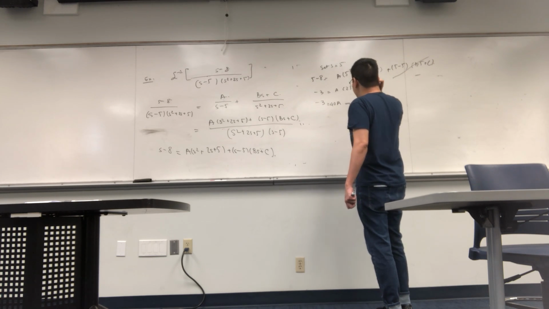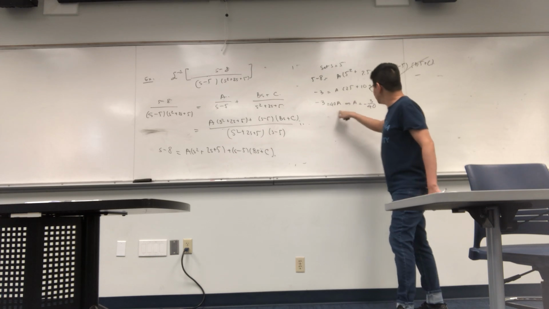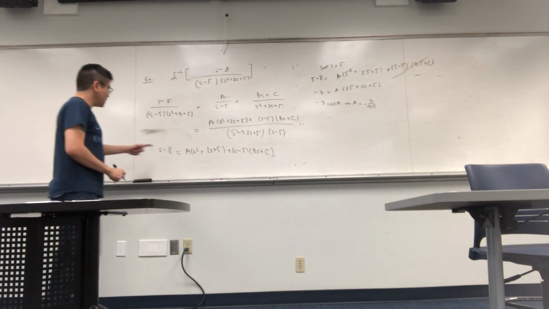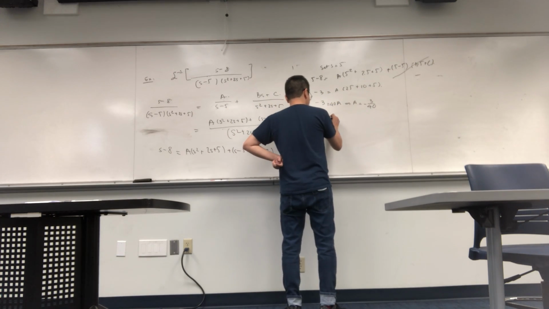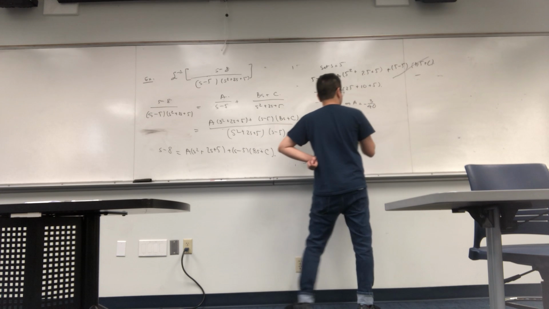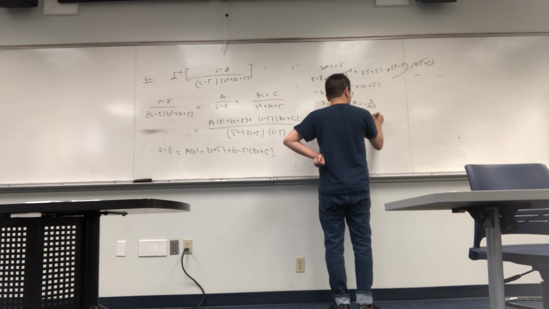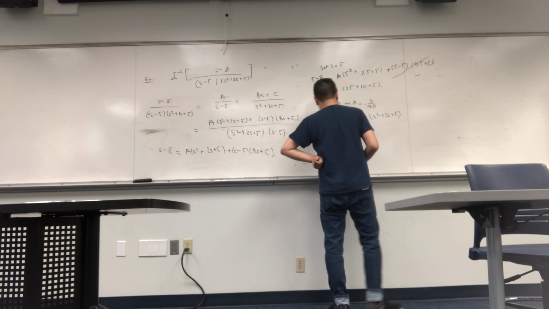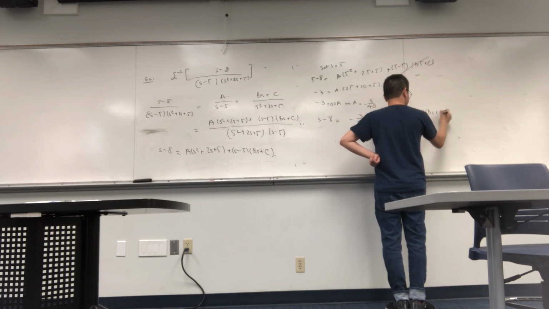So minus 3 is A times (25 plus 10 plus 5), so A is minus 3 over 40. Now I plug everything back into the equation. So I have s minus 8 is minus 3 over 40 times (s squared plus 2s plus 5) plus (s minus 5)(Bs plus C).